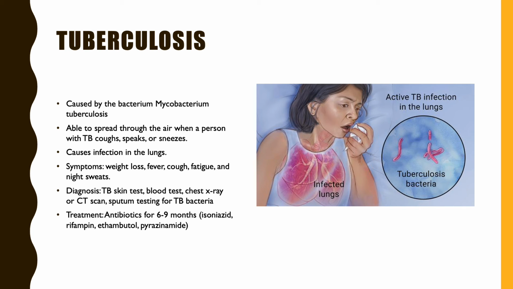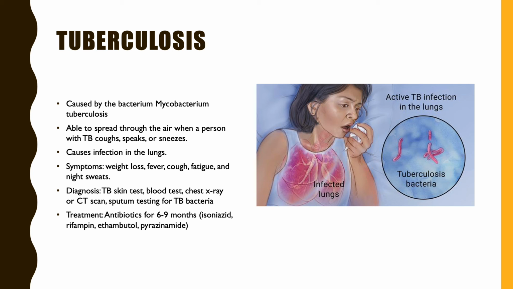We then have tuberculosis. This is caused by the bacterium Mycobacterium tuberculosis. It is able to spread through the air when a person with tuberculosis coughs, speaks, or sneezes. This will cause a severe infection in the lungs. Symptoms of tuberculosis include weight loss, fever, cough, fatigue, and night sweats.